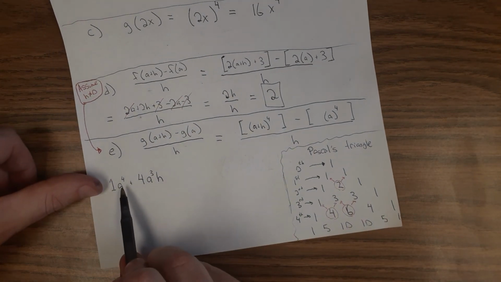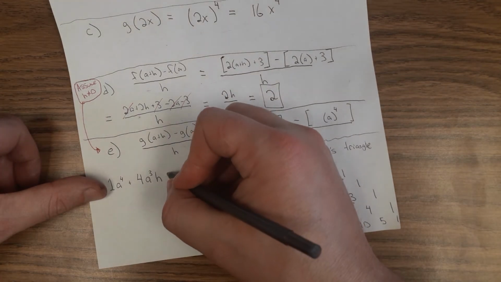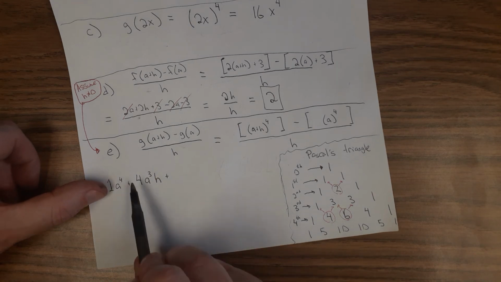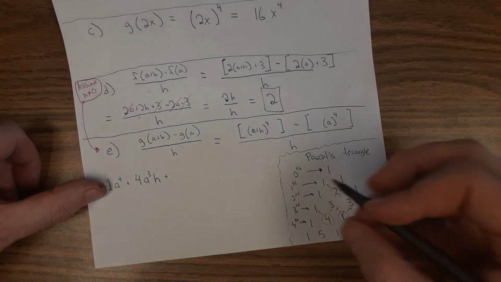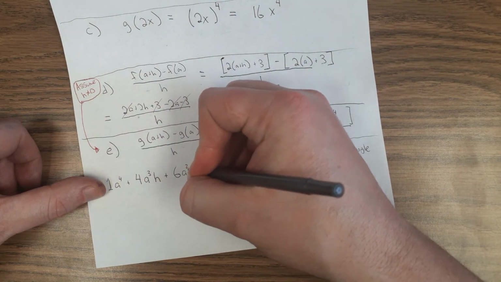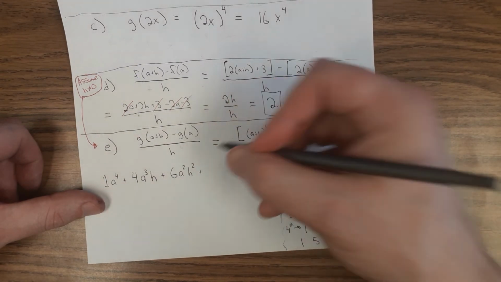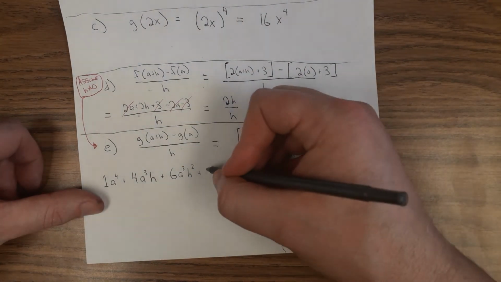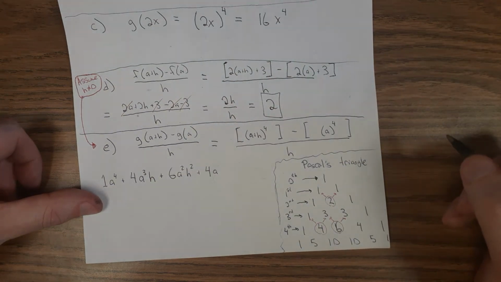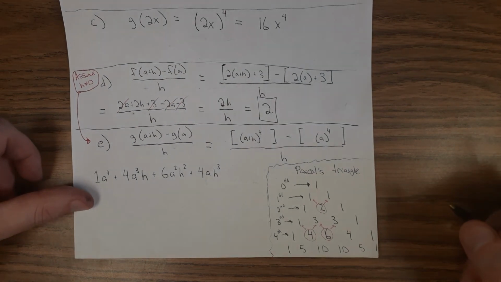So the first term didn't have any h's, so now this is just going to have h to the 1. Okay, and so I did the 1, and then I did the 4, and the next one is a 6, 6, and then the power of a goes down, the power of h goes up. And then the next one is this 4. The power of a goes down, so now it's just a to the 1, and the power of h goes up, so it's h cubed.